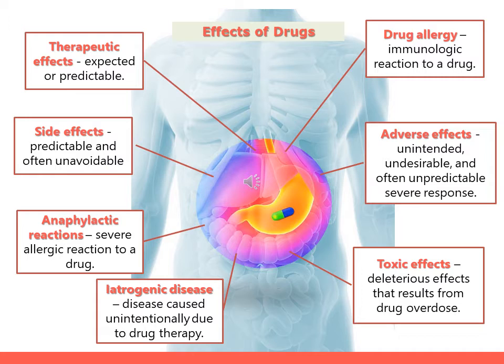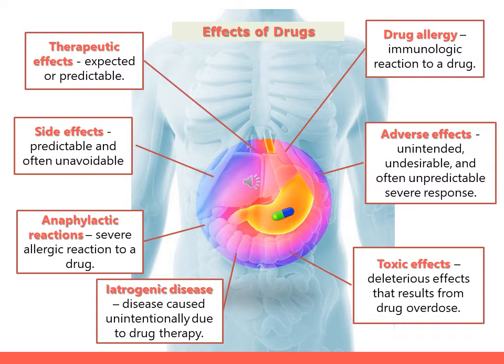If side effects are predictable and unavoidable, the adverse effects are undesirable. Undesirable means we do not want this effect on our patient. Unintended and often unpredictable severe response. That's why as a nurse, it is very important to monitor for any adverse effects.